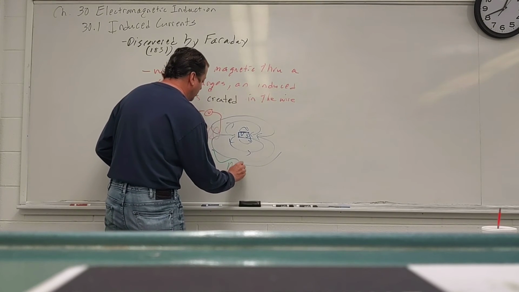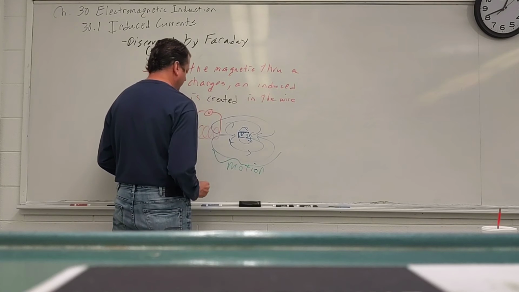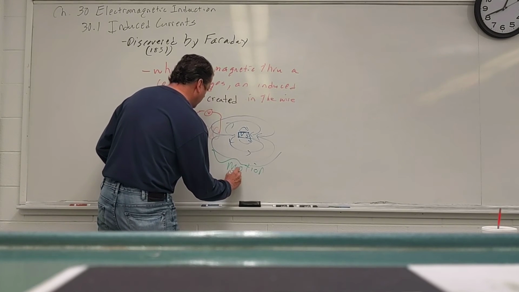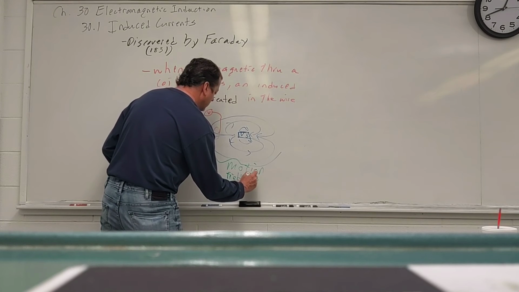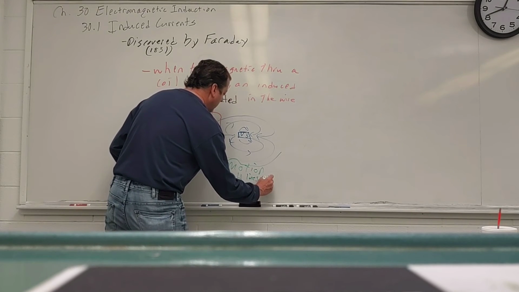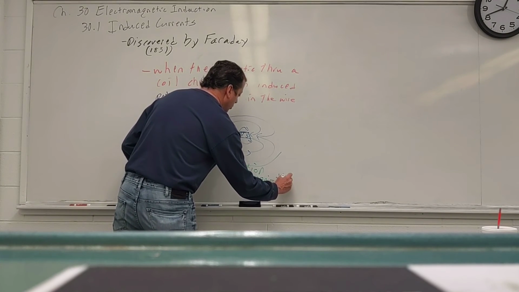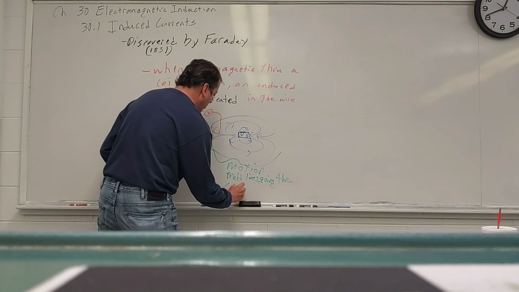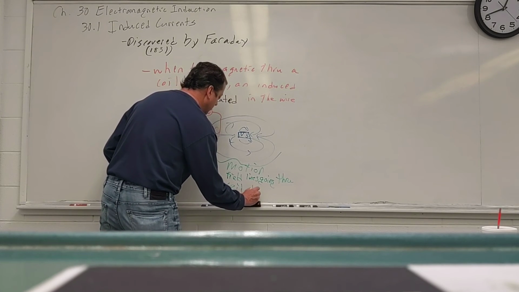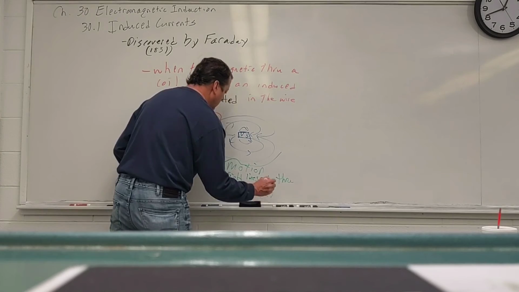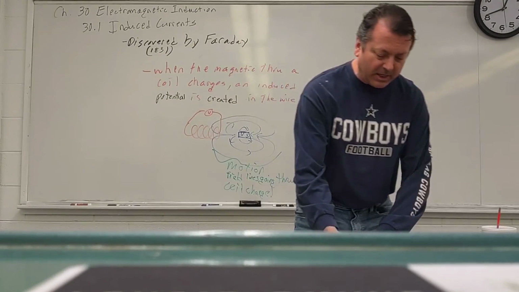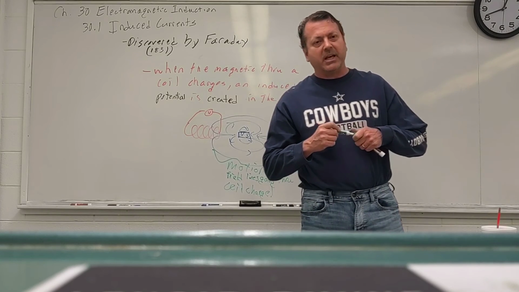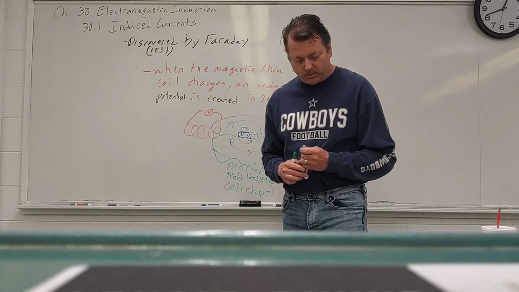So when there's motion, the field lines going through the coil change. And when that happens, you have an induced potential, which causes an induced current. Okay?